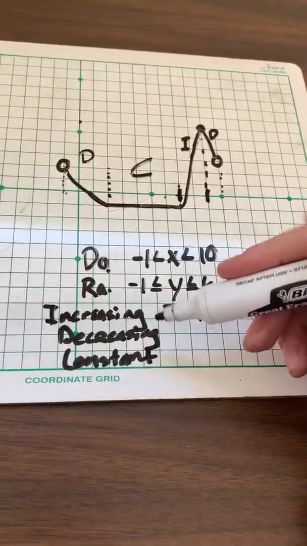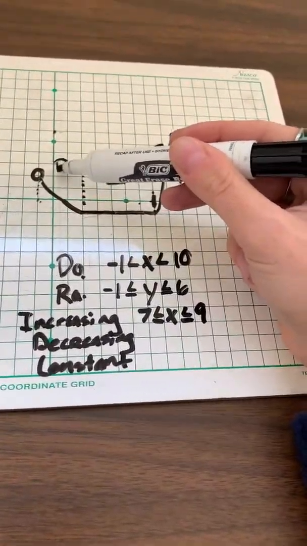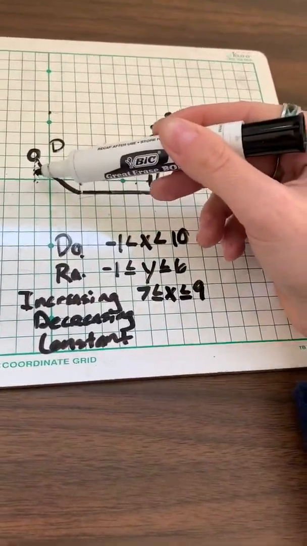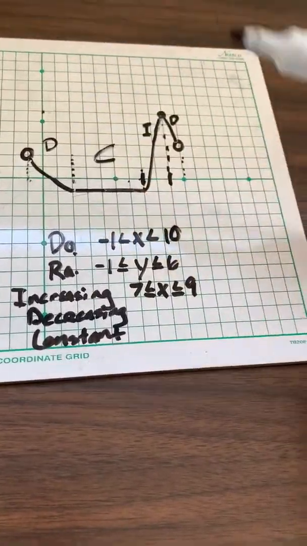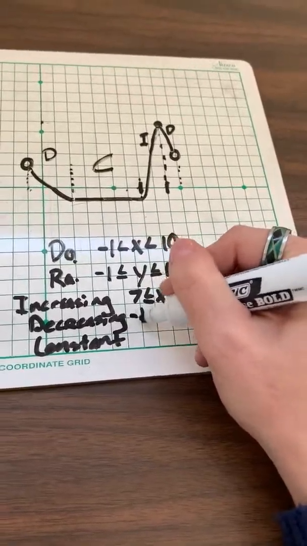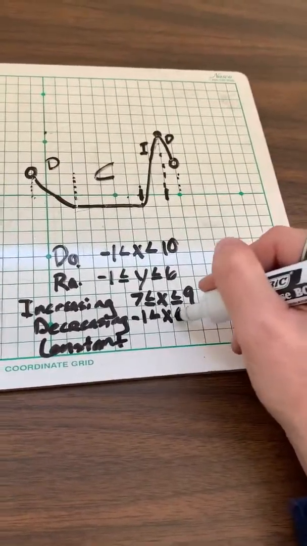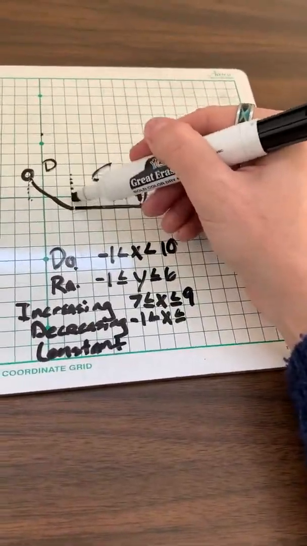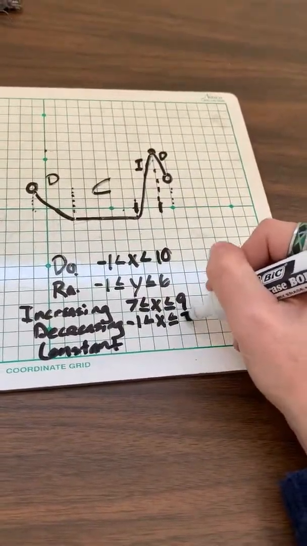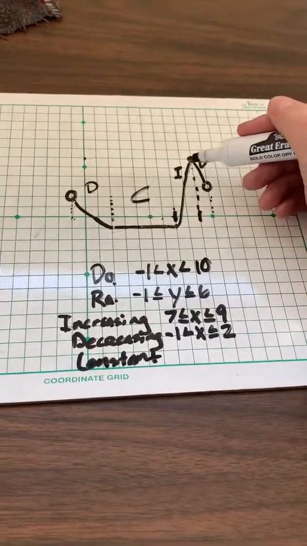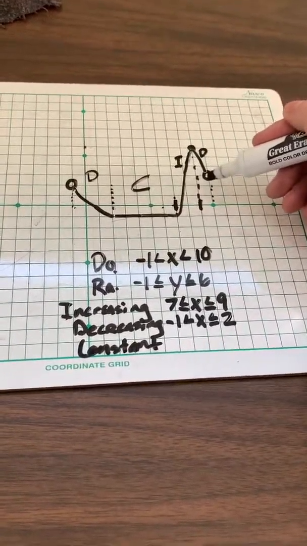When you do decreasing, we're going to go backwards to this interval, starting right here, stopping right here. That means starting at -1. Just less than, because that's an open circle. Less than or equal to, that's at +2. Look over here, there's another section that's going down.